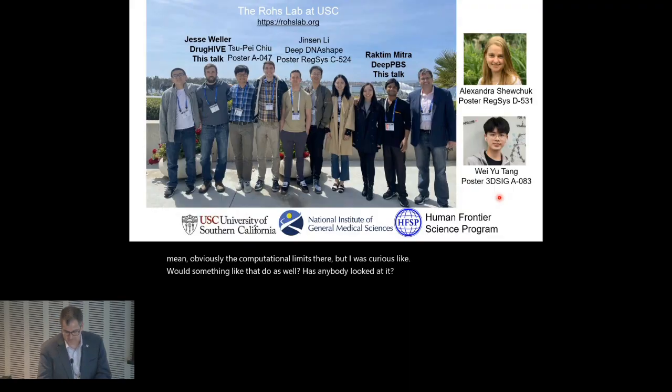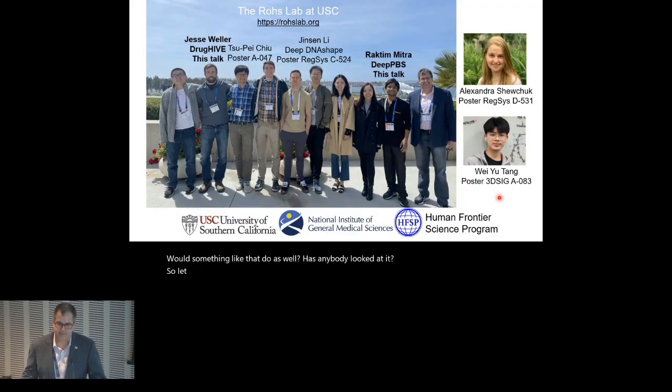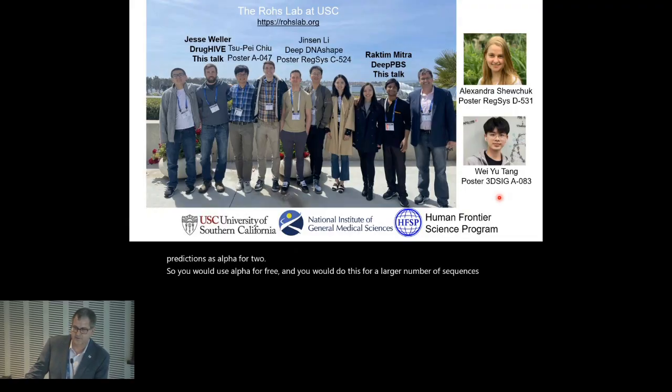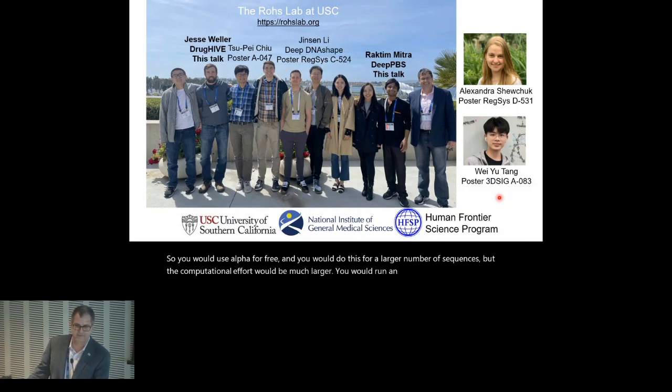So let me say this. AlphaFold 3 does not have as much data available for making predictions as AlphaFold 2. You would use AlphaFold 3 for a larger number of sequences, but the computational effort would be much larger, because you would run an AI method for each sequence.